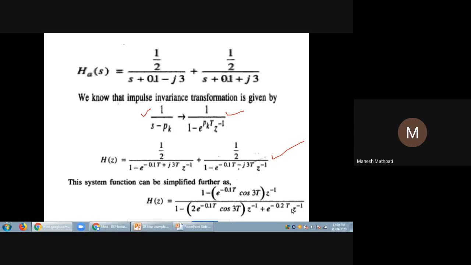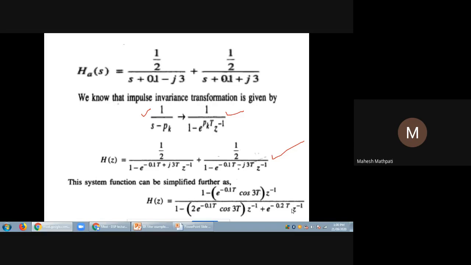The first one we have just used, like 1 divided by s minus pk. What about the second one? Second one क्या है? 1 upon (s plus pk) raised to m.